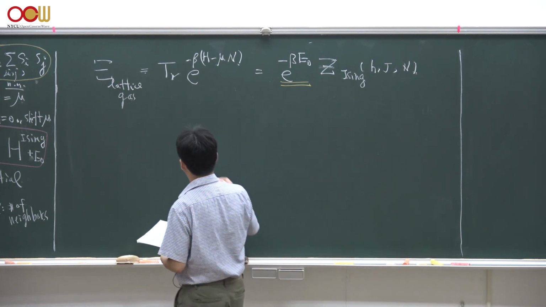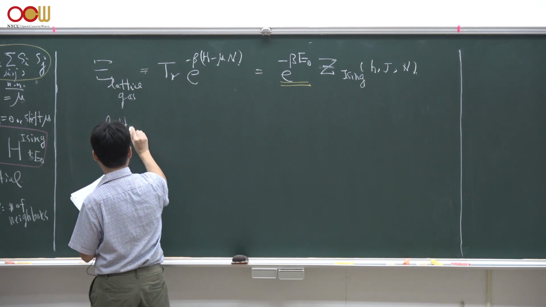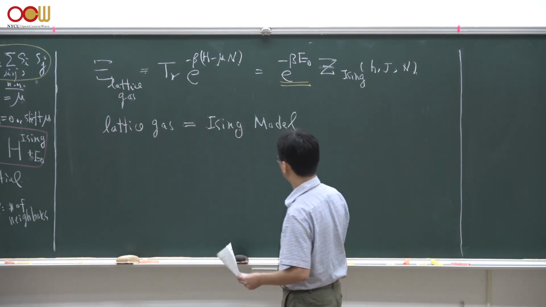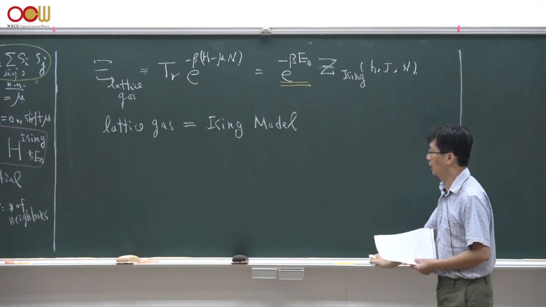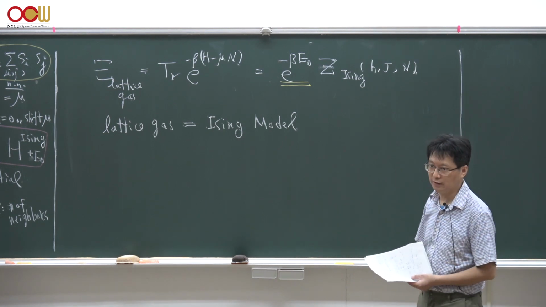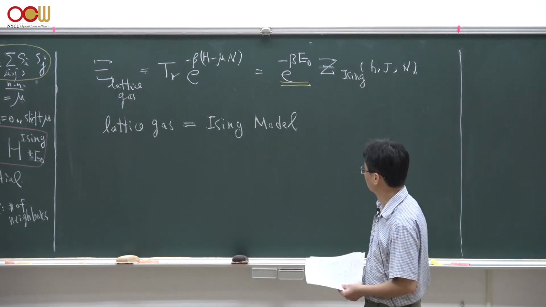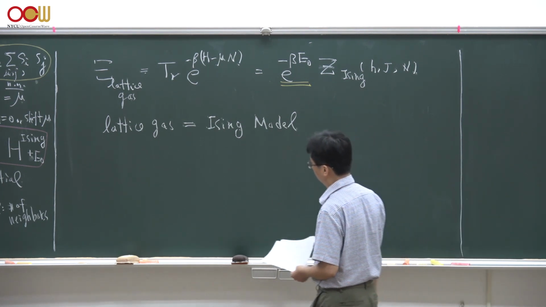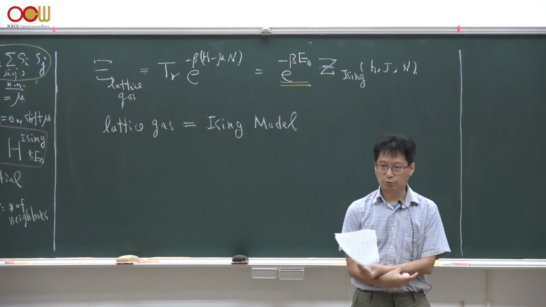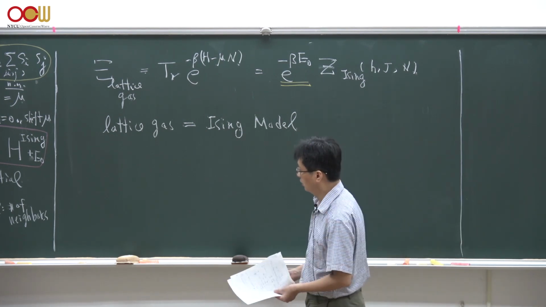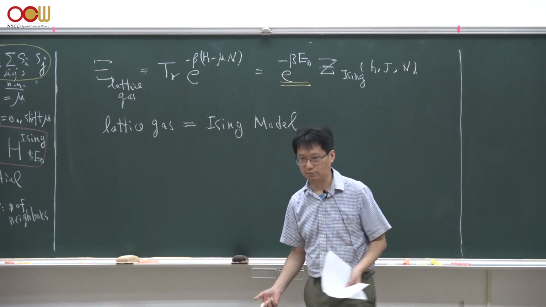Okay? So we arrive rigorously at the statement that the lattice gas model is equivalent to the Ising model. So we finally arrive at what we stated earlier. These two models are equivalent. Okay? But superficially, you cannot imagine that the liquid system is somehow linked to the Ising model.